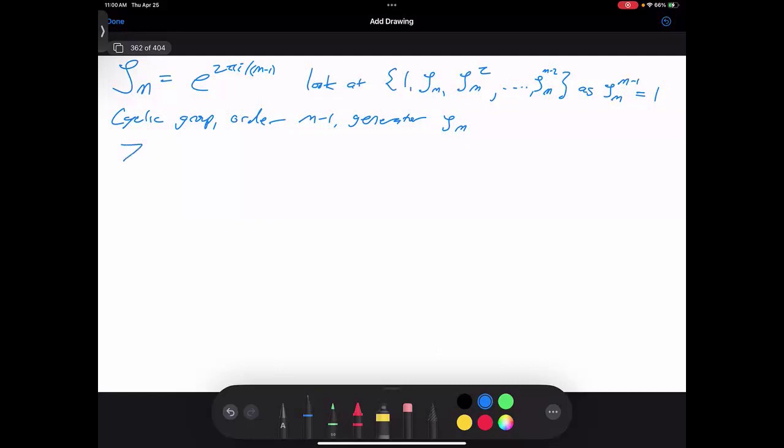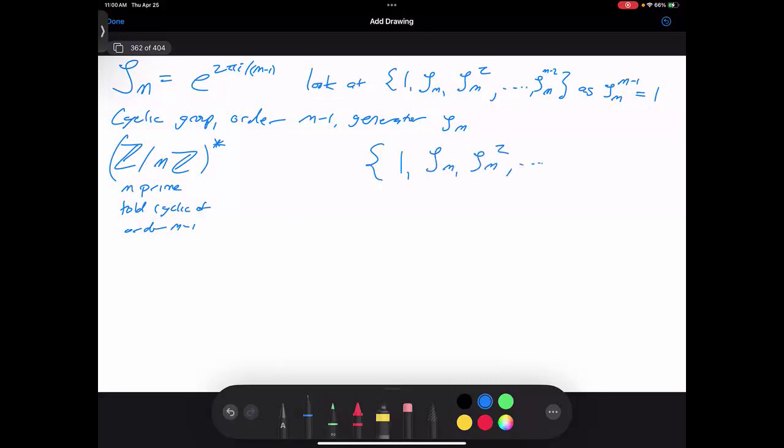So if we look at Z mod mZ star, so m is prime, and we're told that this is cyclic of order m minus 1, and here 1, zeta m, zeta m squared, dot dot dot, zeta m to the m minus 2 is cyclic of order m minus 1.